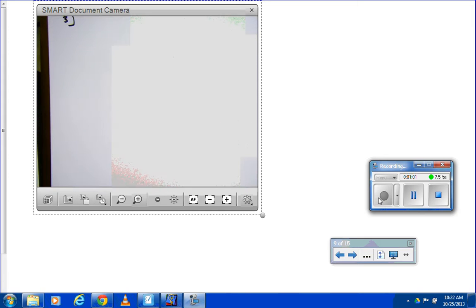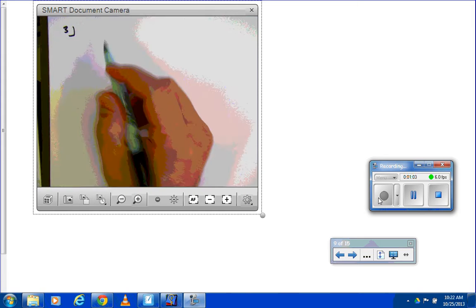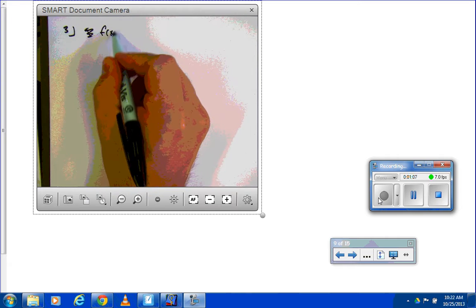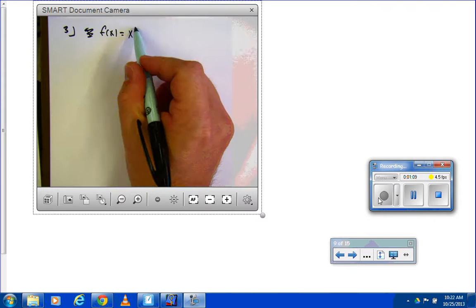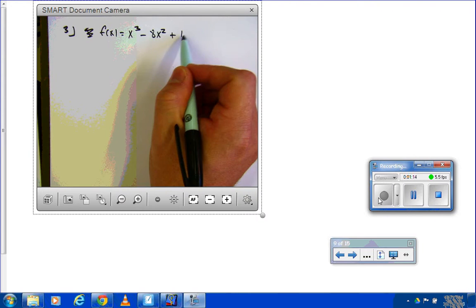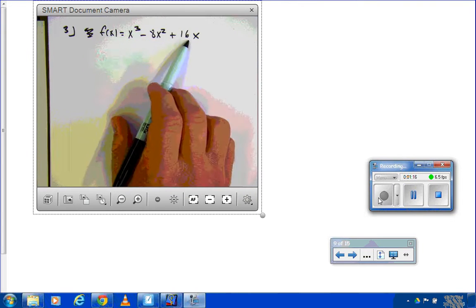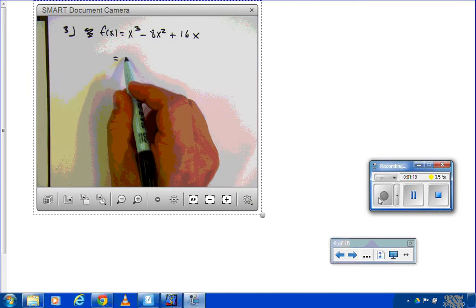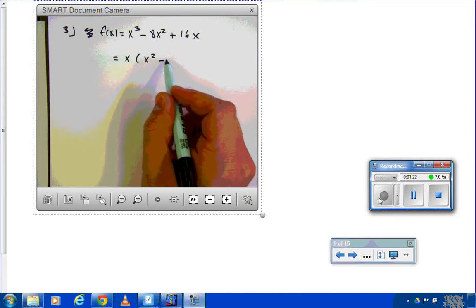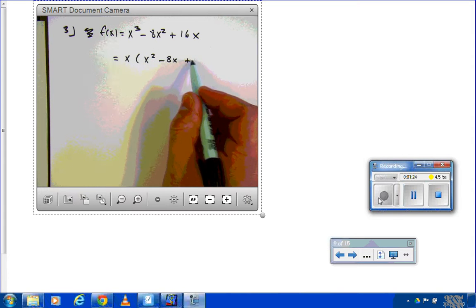All right, this one you had to factor this one too. We had x cubed minus 8x squared plus 16x. So you notice first here you can factor out x. And that'll leave me with x squared minus 8x plus 16.